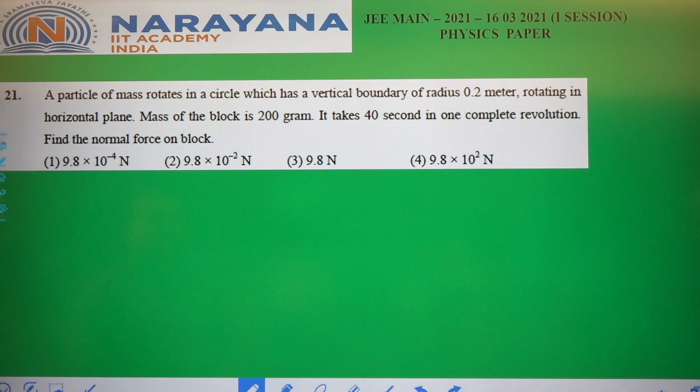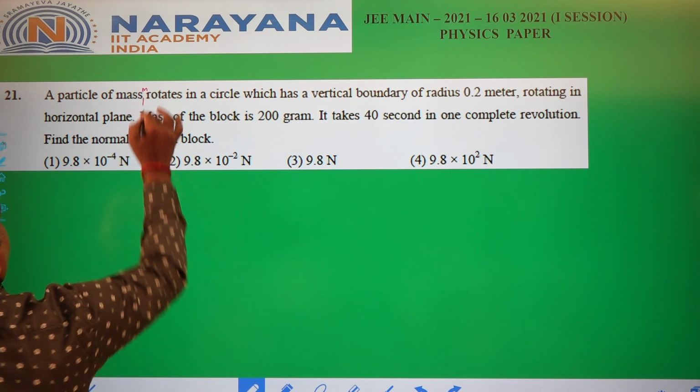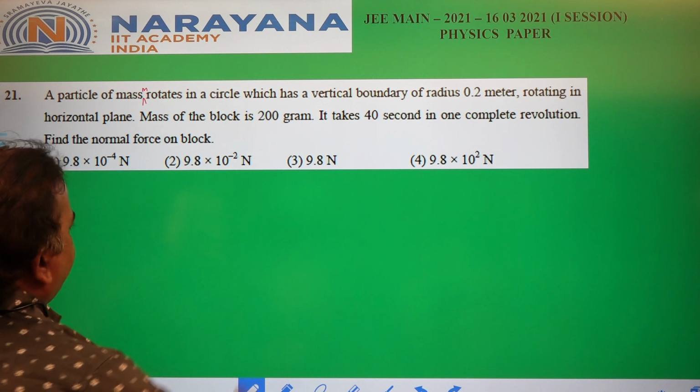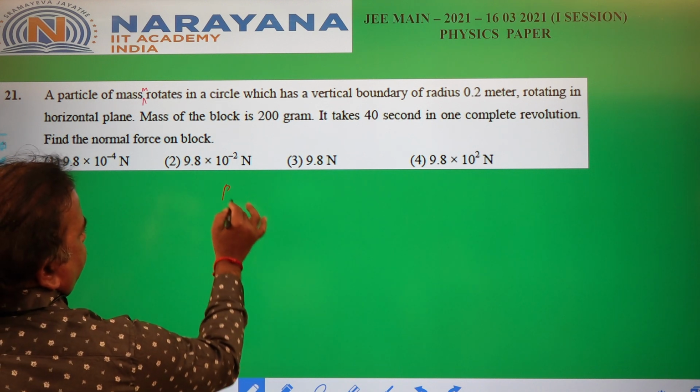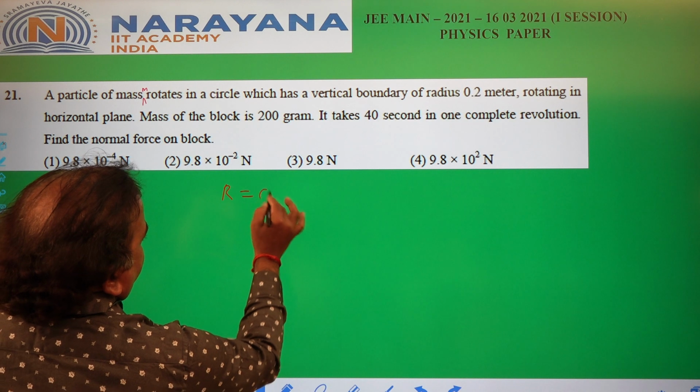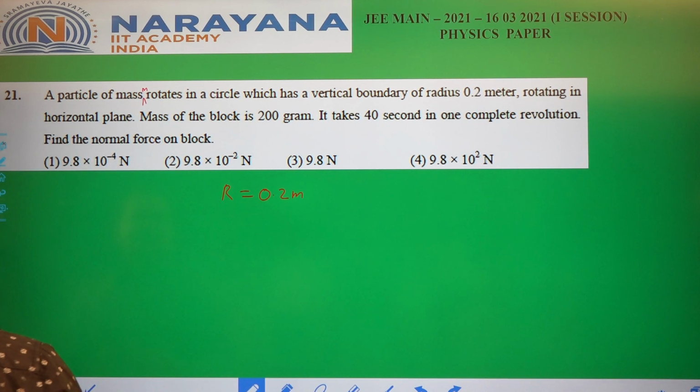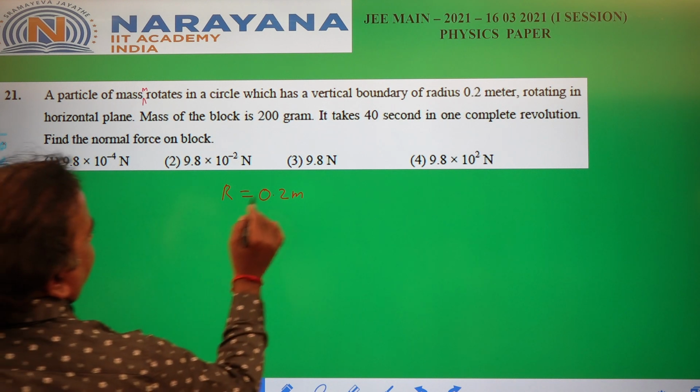A particle of mass m rotates in a circle which has a vertical boundary of radius, how much has he given? 0.2 meters. Rotating in a horizontal plane, the mass of the block he has given is 200 grams.